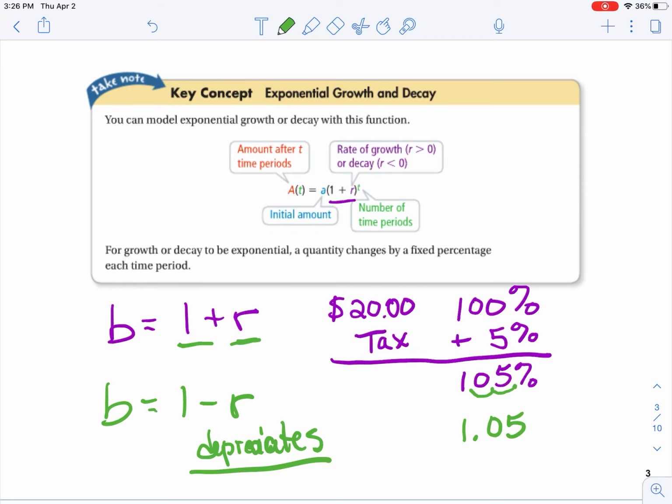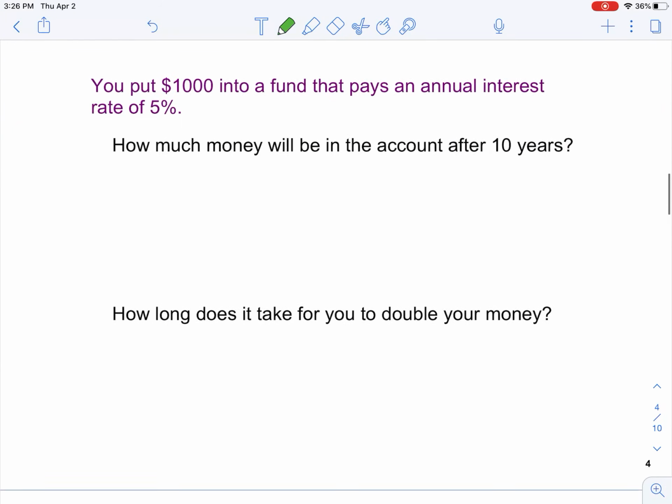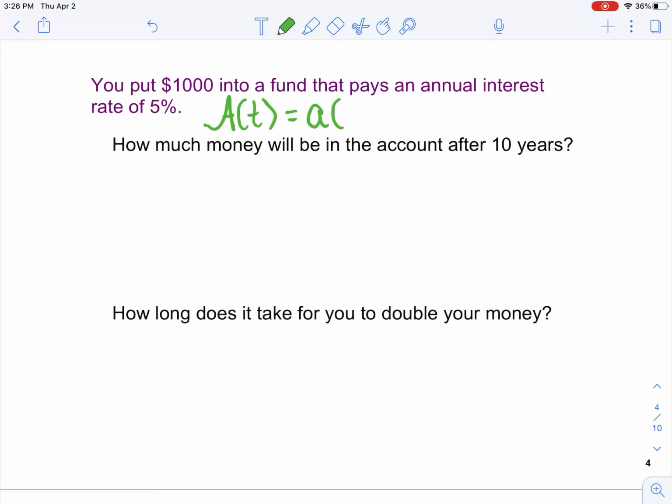So let's look at a problem. You put money into a fund, $1,000, that pays an annual interest rate of 5%. So we know that our equation is A of t equals A times, and since it pays interest, we're going to gain money, so that's going to be 1 plus R to the t. So now we need to figure out what these values mean.